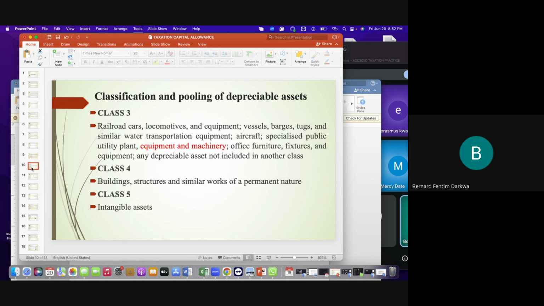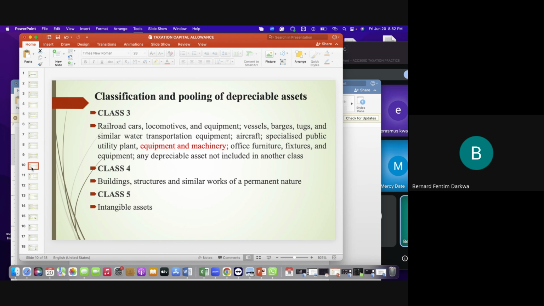Then we have class 3 assets, still on the pooling system. So we have railroad cars, locomotives and equipment, vessels, barges, tugs and similar water transportation equipment, aircraft, specialized purpose utility plant, equipment and machinery.